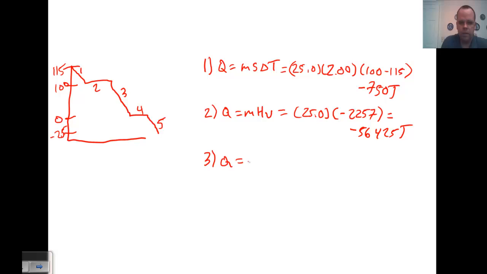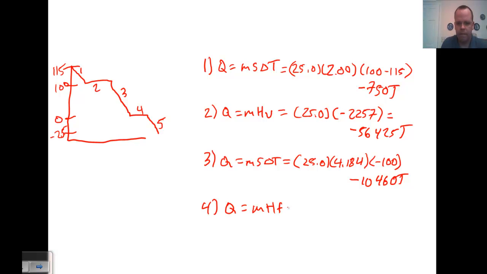Section 3, Q equals ms delta T. It's a diagonal section, so we'll use the ms delta T. The temperature is changing. Specific heat, 4.184. And delta T of negative 100. So we get negative 10,460 joules.